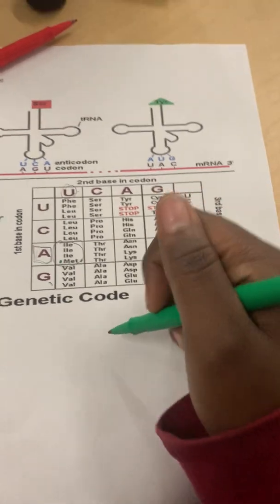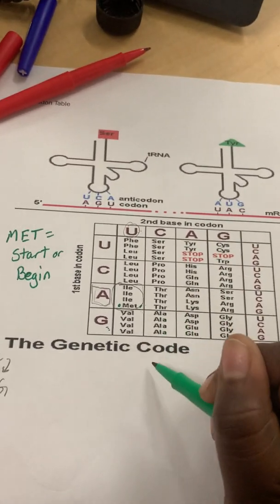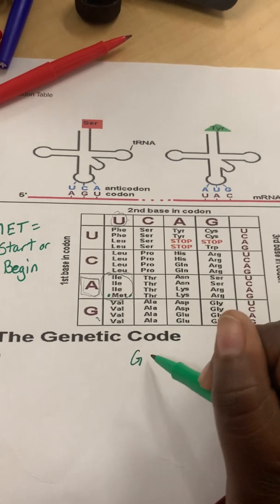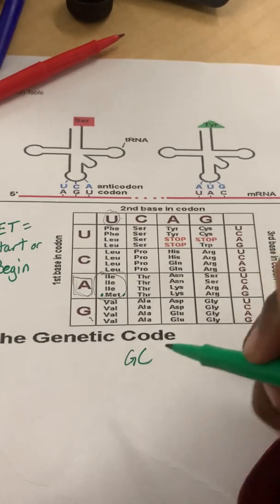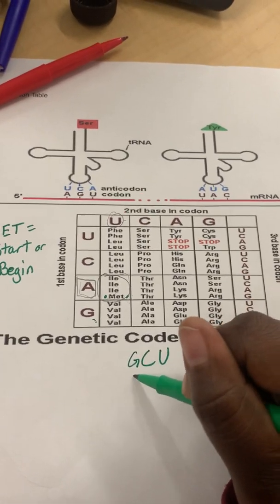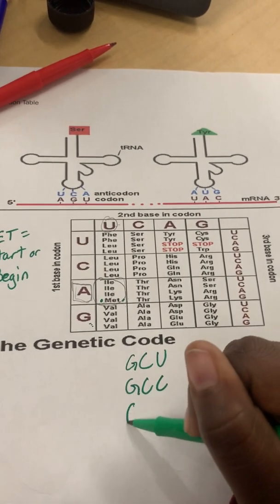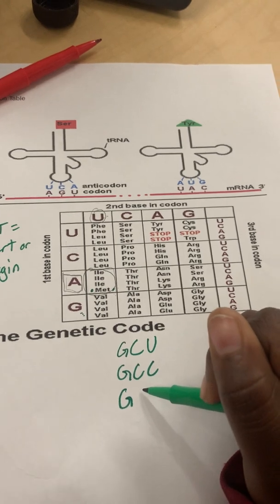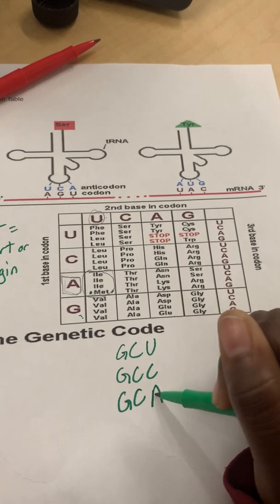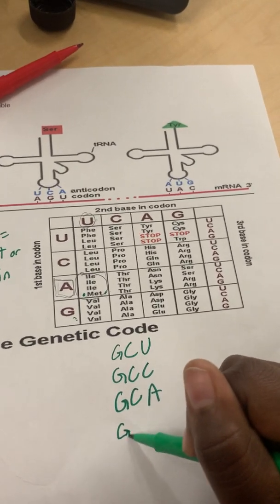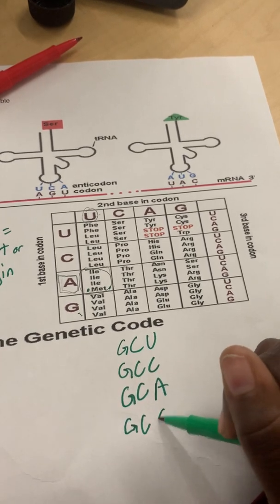All right, so the first one, GCU, GCC, GCA, GCG.